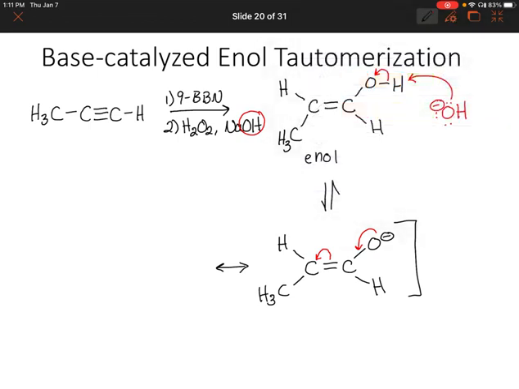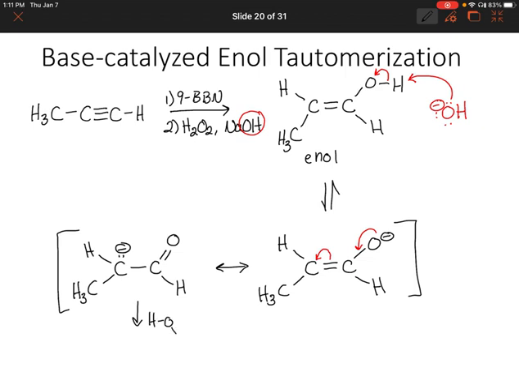So the negative charge is just moving along to the carbon. All right. Now in the last step of this tautomerization, the negative charge on the carbon is going to grab a hydrogen from water.